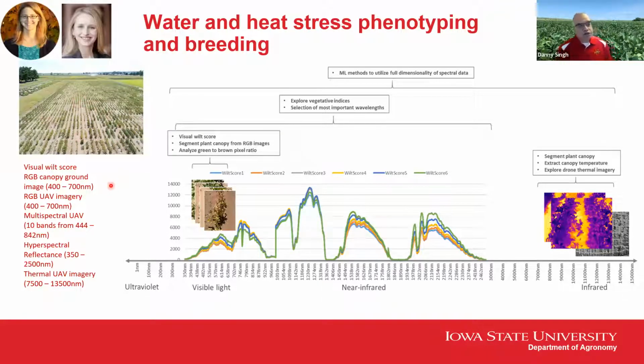And here, we are using multiple sensors to try and integrate information from a variety of sensors from ground as well as aerial platforms to extract the most meaningful features that can allow us to estimate water or heat stress in a non-destructive manner, as well as to be able to do early prediction, because we are not only interested in the identification of those genetic mechanisms, but then also, on a production scale, to be able to determine these different interventions that need to be made to protect against crop loss.